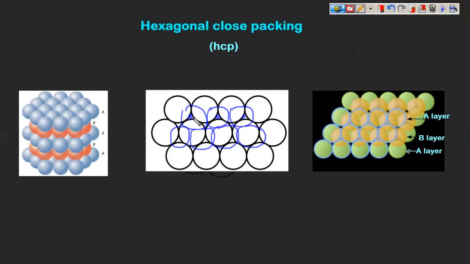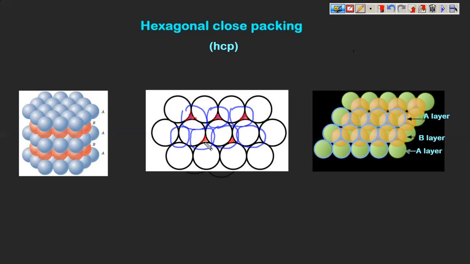If we cover a trigonal void completely by the particle like this, I am marking the tetrahedral void with red color. This red is a tetrahedral void, and this void is completely covered by the particle.